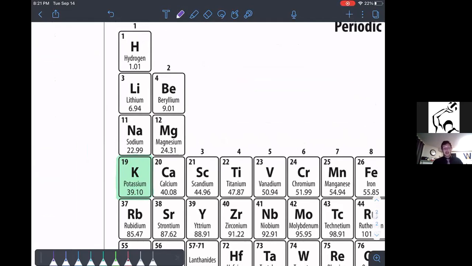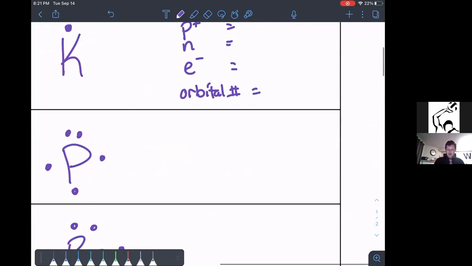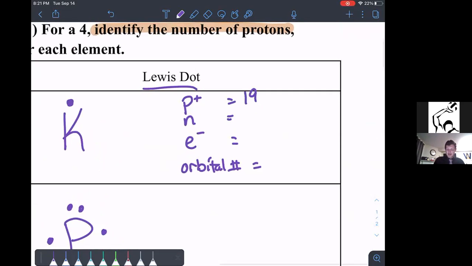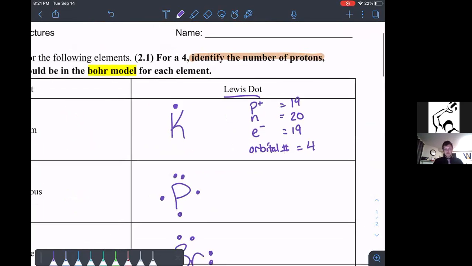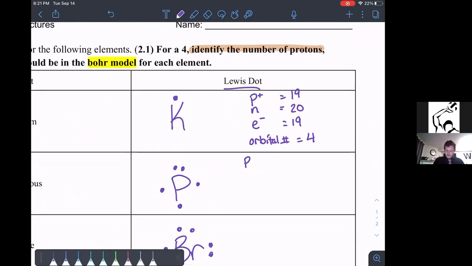So we do 39 because we round down. 39 minus 19, which gives us 20. So if we had our protons, neutrons, and electrons, we have 19, 20, and 19, and it is the 4th orbital. So if we do that for each, we'll go a little bit quicker now.